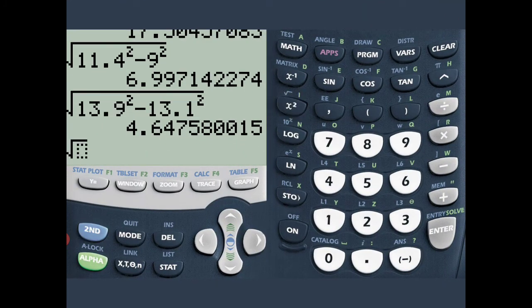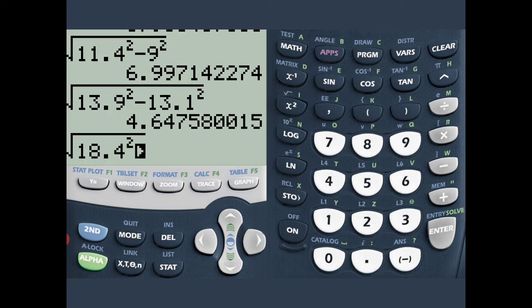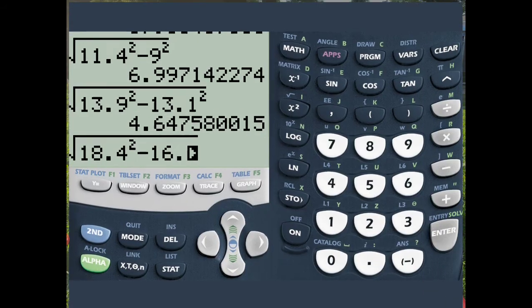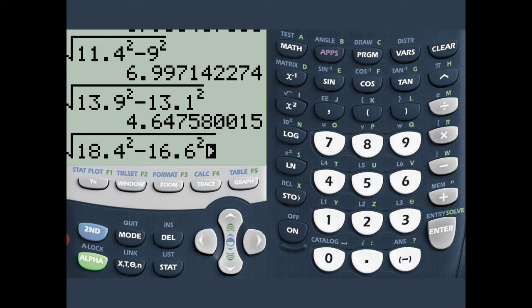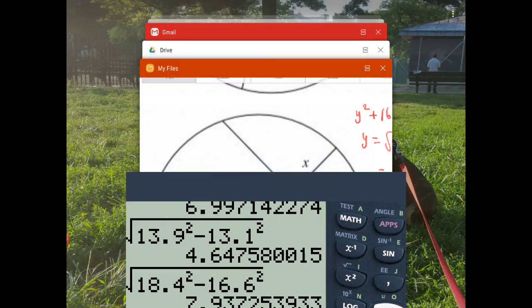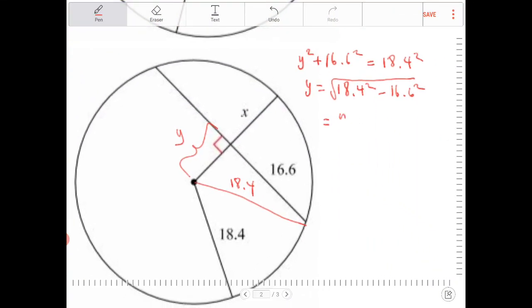What will y equal? Square root of 18.4 squared minus 16.6 squared. And that's equal to y, right? So 7.937 is y.